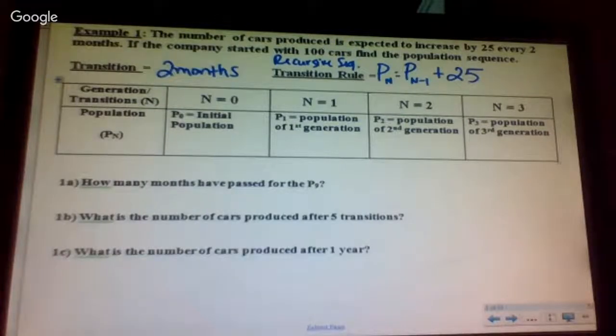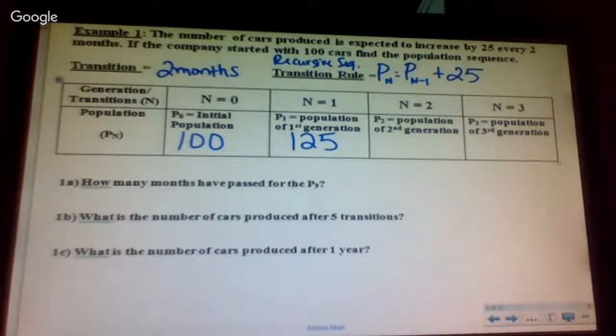So let's create our sequence. How many cars do I start with? 100. I start with 100. This is saying to find the next one, I have to take 100 and add 25 to it. So what's my next number? 125. To find P sub 2, I have to take P sub 1 and add 25.